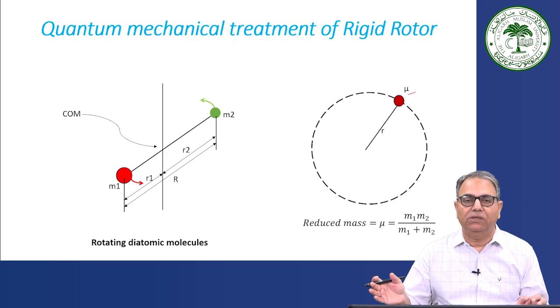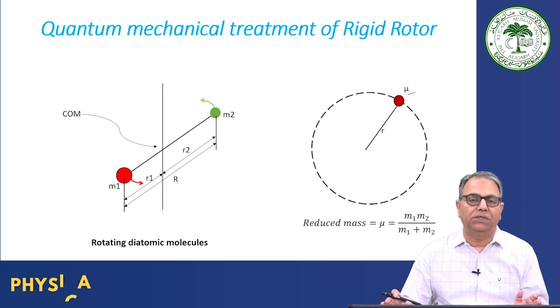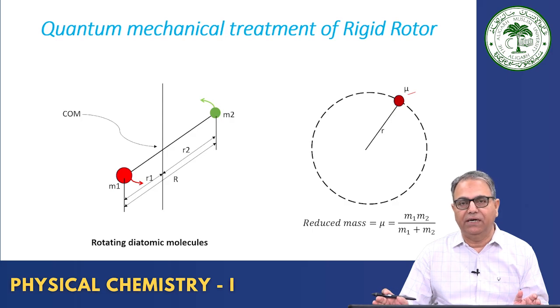If you are talking about the vibration of a chemical bond which is connected by two atoms A and B, then instead of saying that the frequency of the simple harmonic oscillator is 1 by 2 pi root under k divided by m, which we have written earlier, now for a diatomic molecule it will be 1 by 2 pi root under k divided by mu instead of m, and then you can talk about the vibration of a chemical bond also.